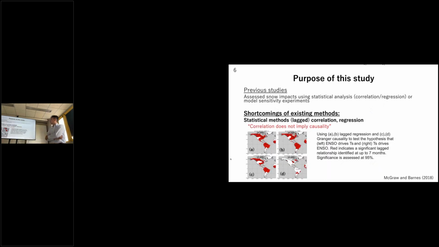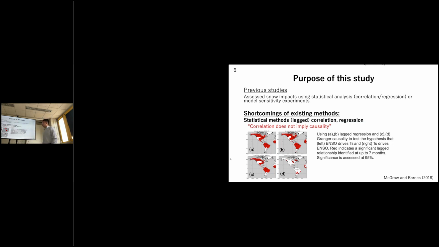As I said, the previous studies often use statistical analysis, like the correlation or regression analysis, or model sensitivity experiments. Some drawbacks of the existing method, for example, the statistical method: we often use the lagged correlation analysis or lagged regression analysis, but you may know that the correlation doesn't imply the causality.